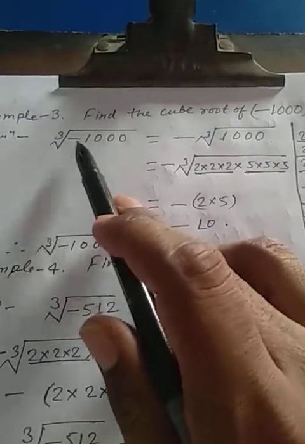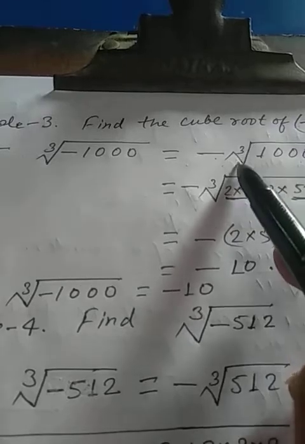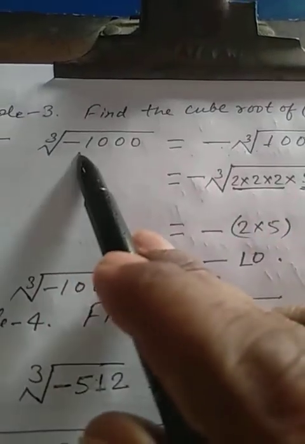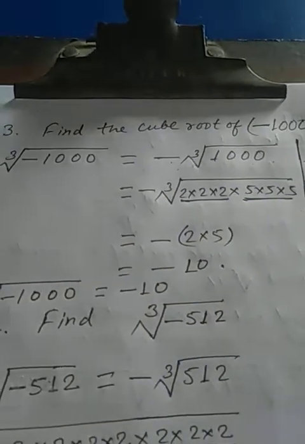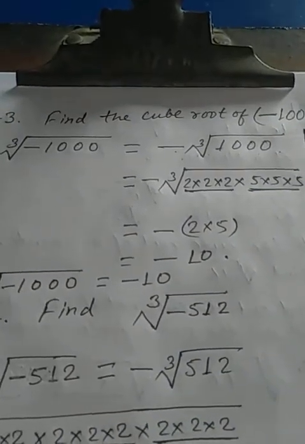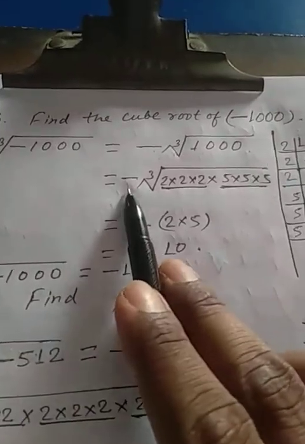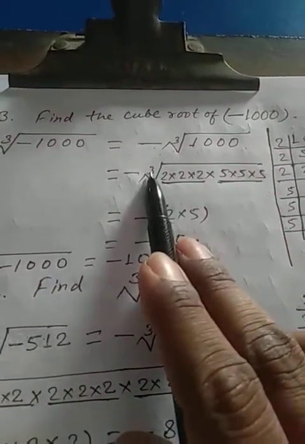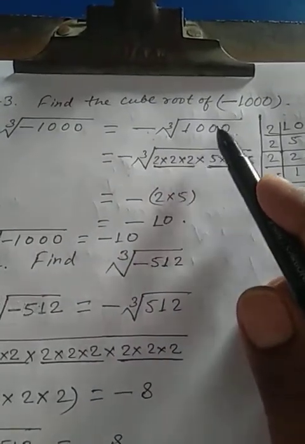We can take out this negative sign from the cube root symbol. First, we have to find the prime factorization of 1000.